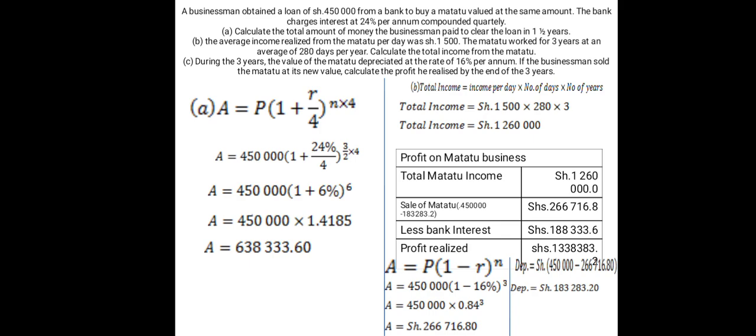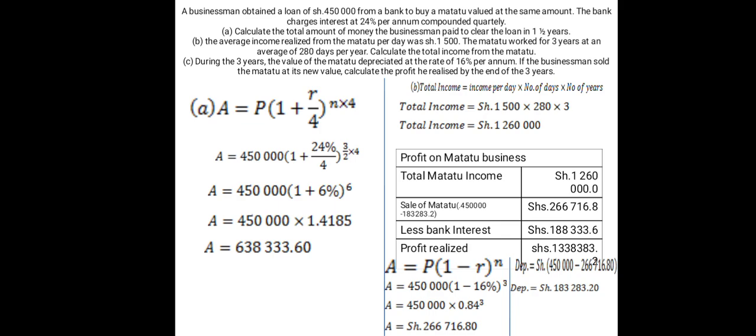Now the last part, we find that the income for the 3 years is 1.2 million. Now the sale of the matatu was sold at 450,000 shillings less the accumulated depreciation. We find that the profit was 266,716.8 cents.